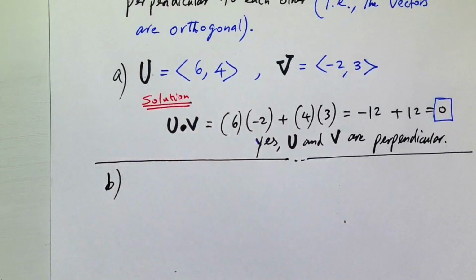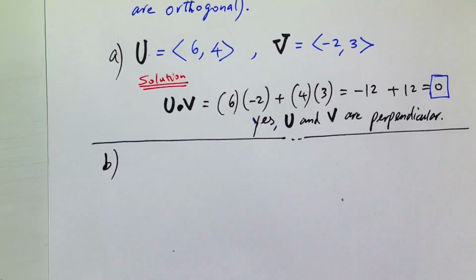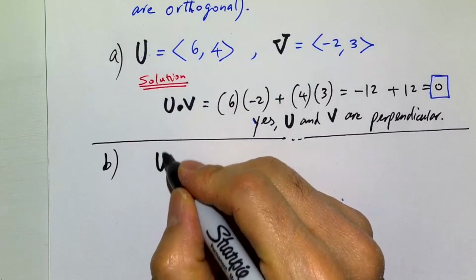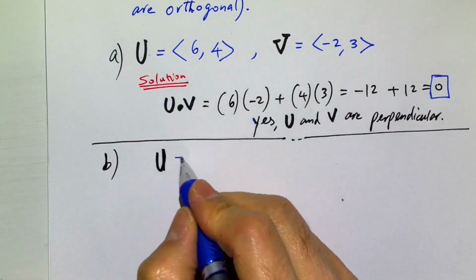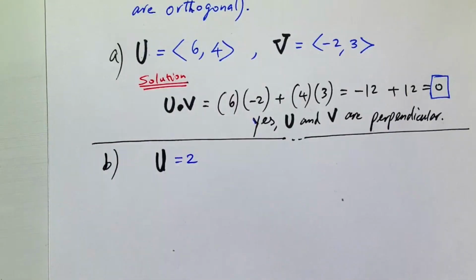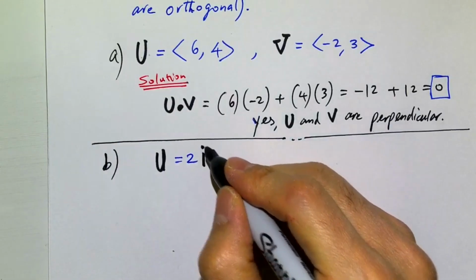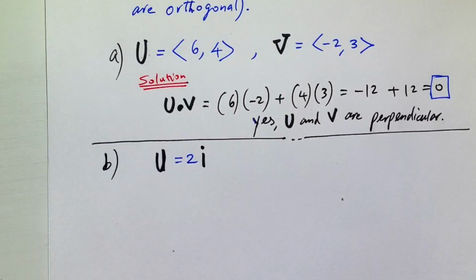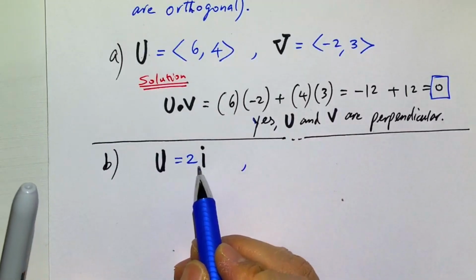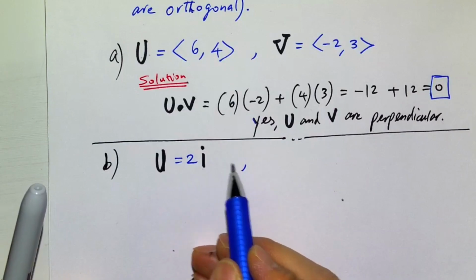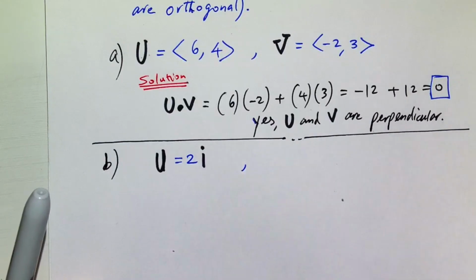For part B, suppose our vectors are u equals 2i. And so we have a horizontal component for this vector, but not a vertical component because j is missing.